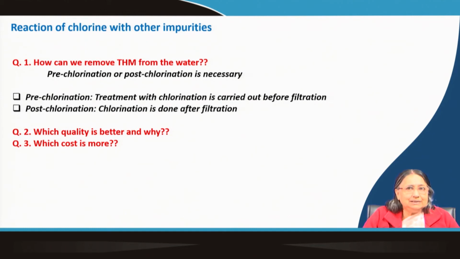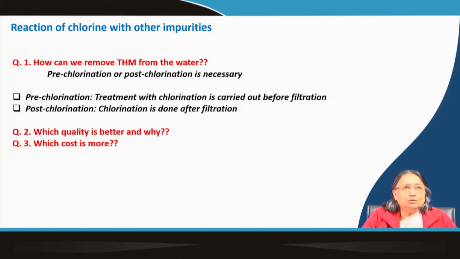But there are some advantages and disadvantages. What are those? If we do chlorination first, then all the organic matter is there, so we need more chlorine, isn't it? And then we can remove the formed products through filtration. If we do filtration first and then chlorination, less chlorine is required.